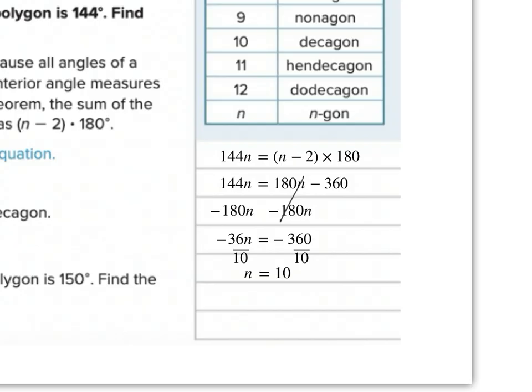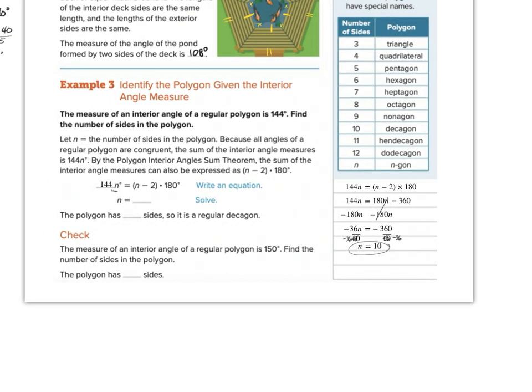And then I have negative 36n is equal to negative 360. Dividing both sides by negative 36, it turns out that n is equal to 10. So I was able to calculate the number of sides: 10 sides. So n was 10.